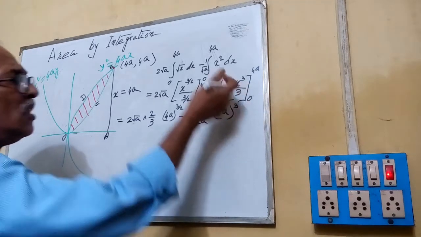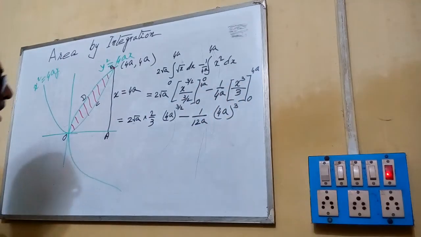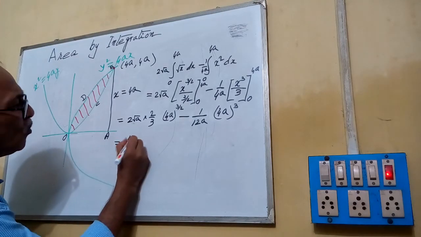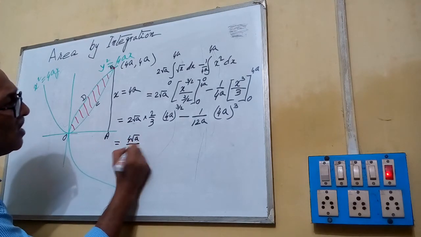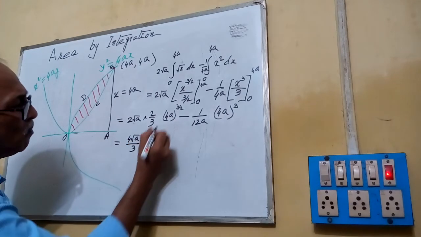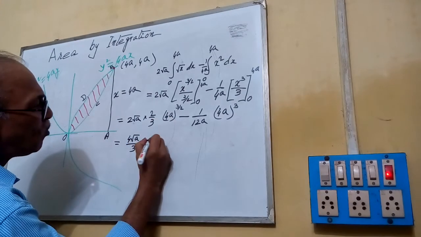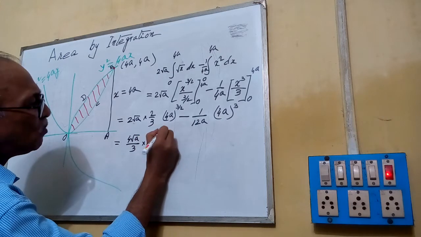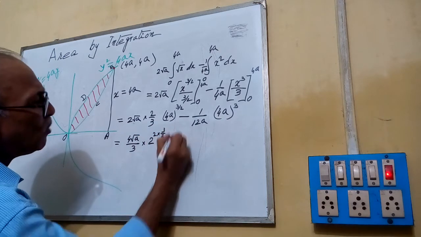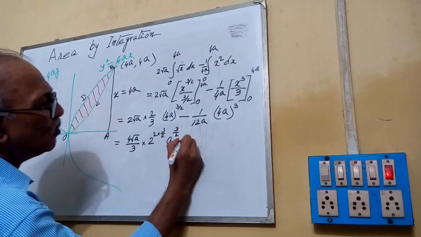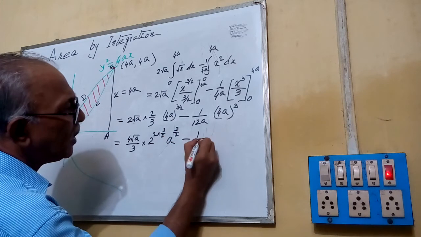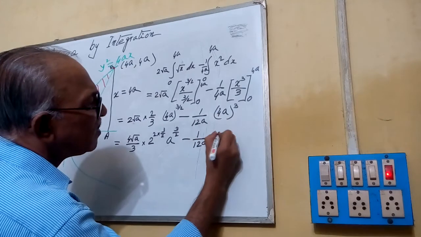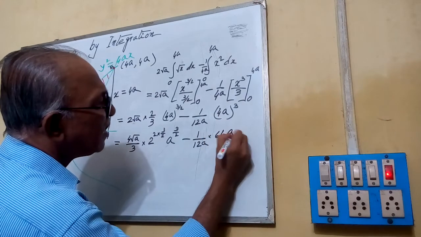Again the 0 term will be 0, so I am not writing it. So this becomes 4 root a by 3 into 4 to the power 3 by 2, which means 2 square into 3 by 2, a to the power 3 by 2, minus 1 by 12a, 4 cube is 64 a cube.